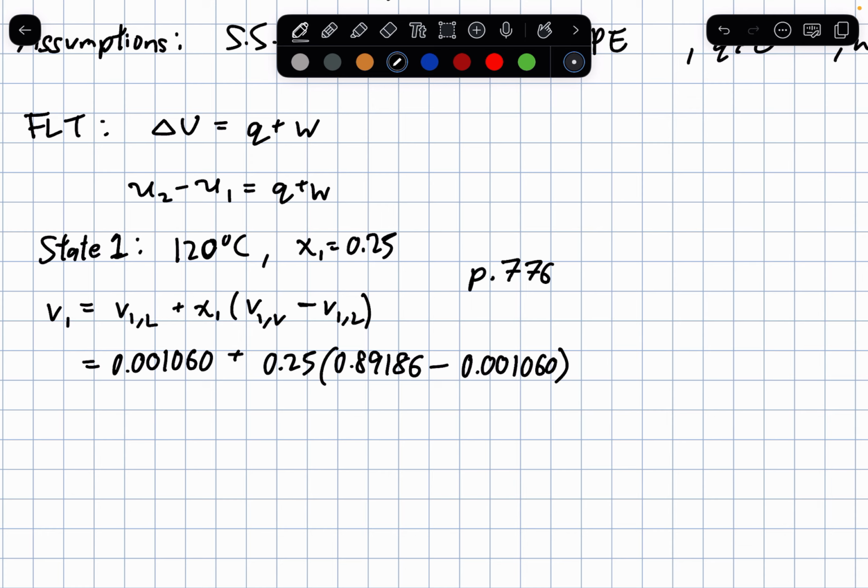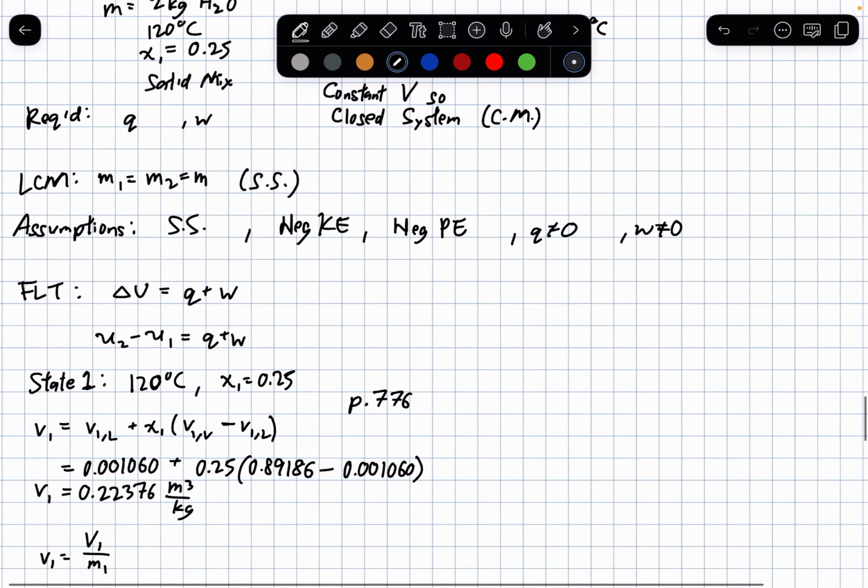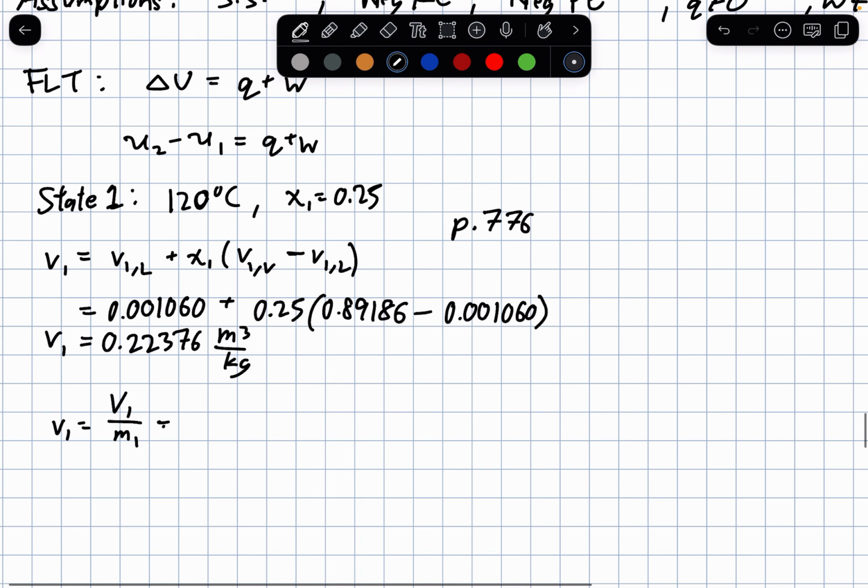Calculate. Okay, so this is the specific volume in state 1. Recall the relationship. We have M1, that is 2 kilograms, no? We can therefore find the volume.